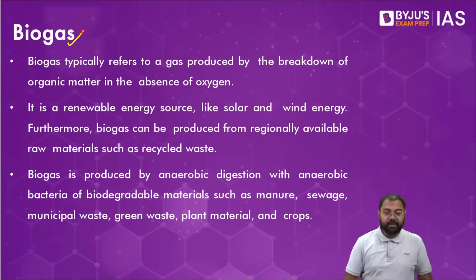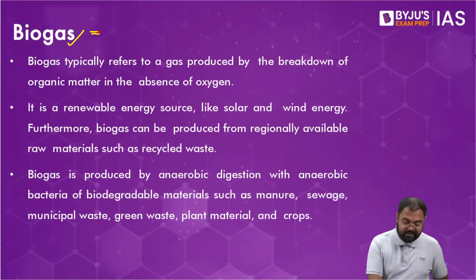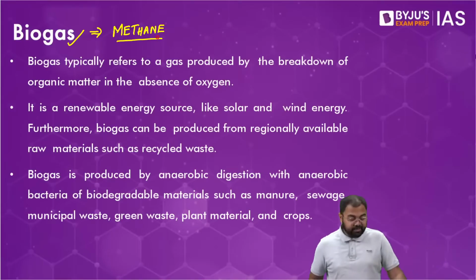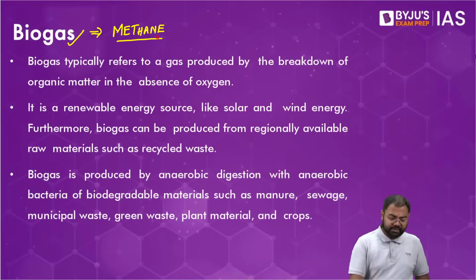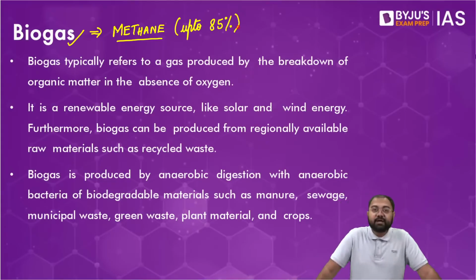The third is biogas. Now, the main component of biogas is methane, almost up to 85% methane. So more or less it's methane, plus there are some other gases as well.